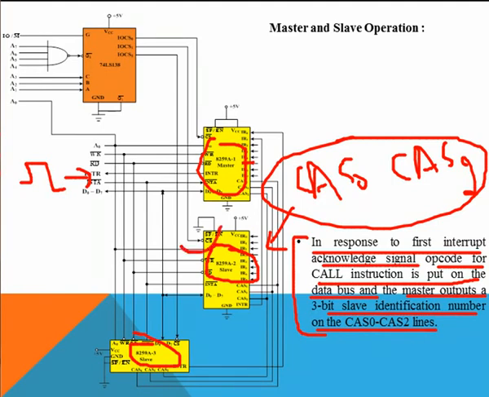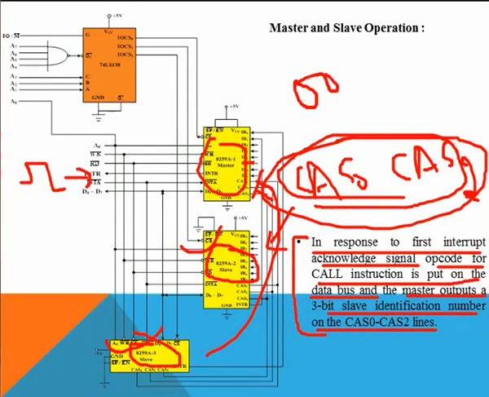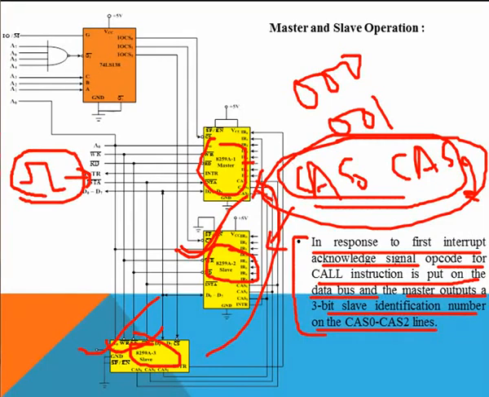Suppose two 8259s are connected to the master 8259, then the CAS0 to CAS2 combination will be 000 for the first 8259 and 001 for the second 8259. After the first interrupt pulse, the master calculates the identification number of the slave 8259 and puts these numbers on the CAS0 to CAS2 pins.